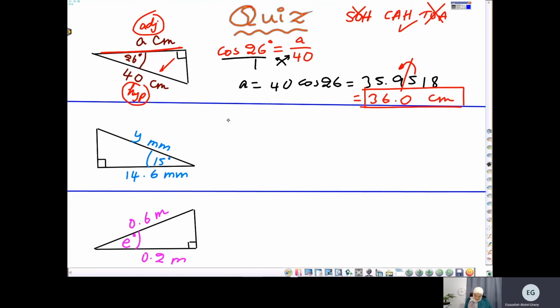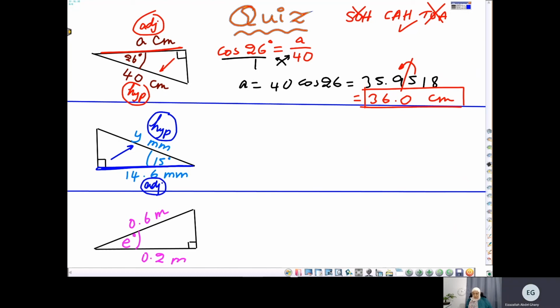So now, what is the relation between, don't tell me, don't write opposite because opposite is not given nor required. Okay, what's the name of this one? It is the hypotenuse because it's opposite to the 90 degrees. And what about the side that connects the angle to the right angle? It is the adjacent.